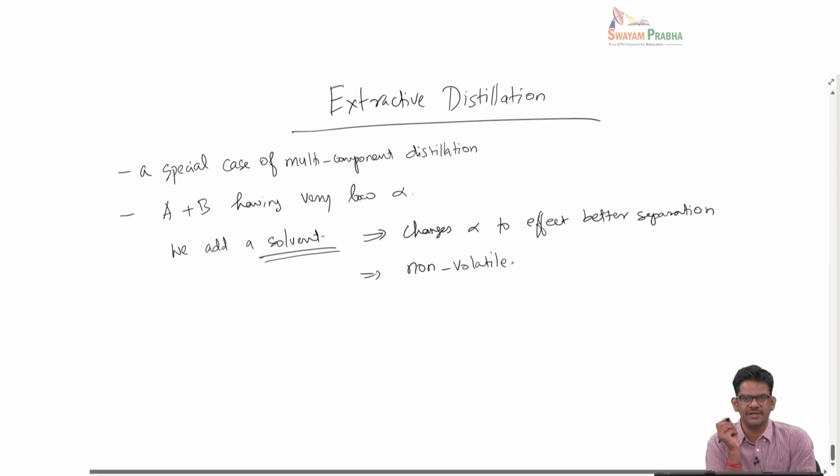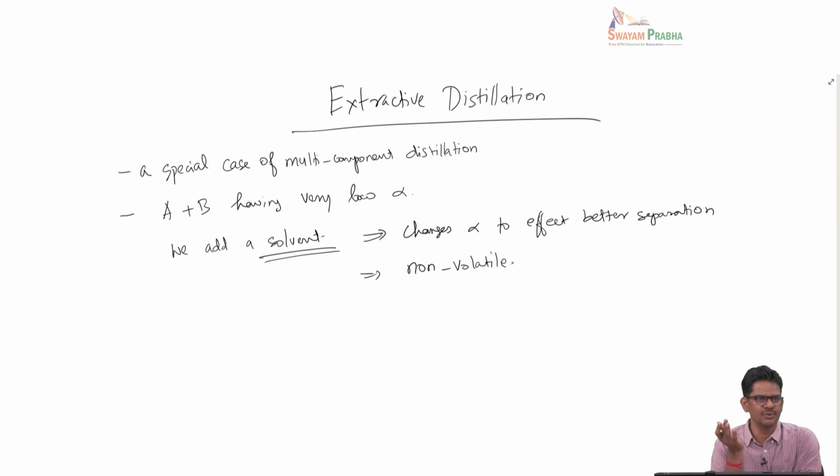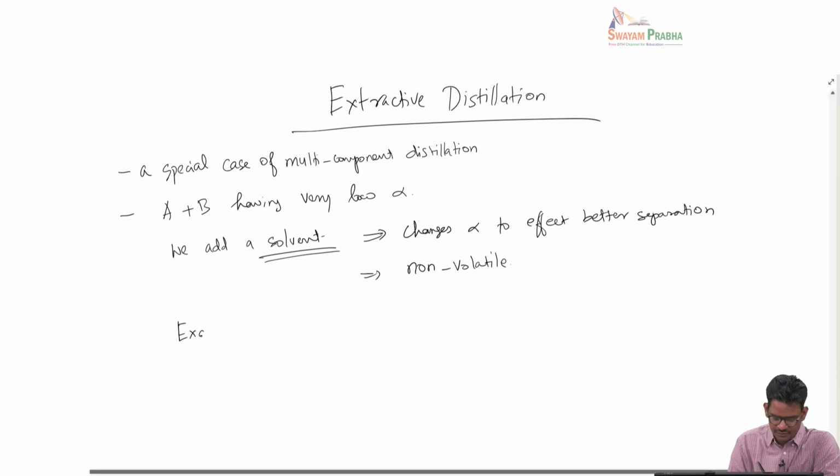Why we say less volatile or non-volatile is because we don't want to vaporize the solvent and have extra heat duty. Okay, so you want to have it as less volatile as possible. So in this case, we will take an example of isooctane plus toluene.